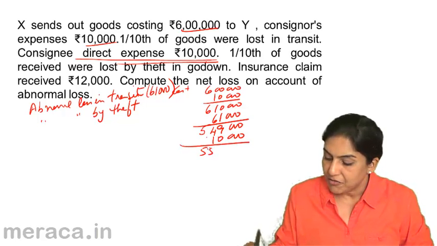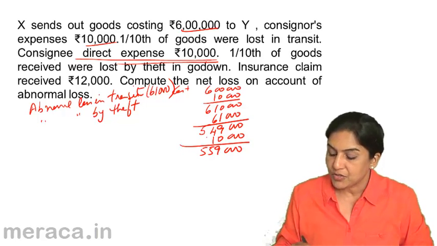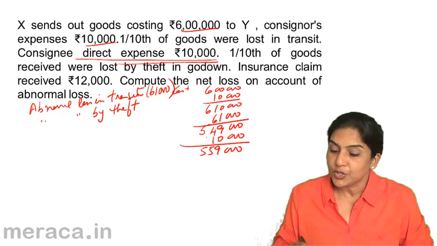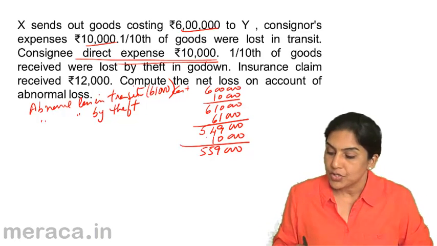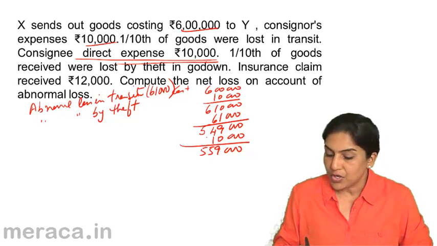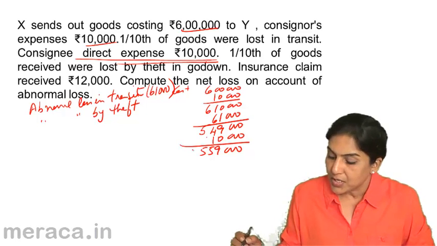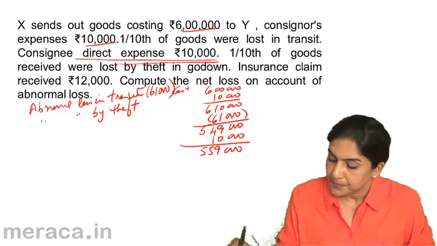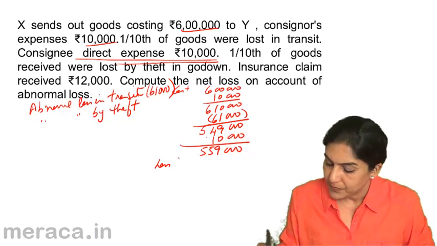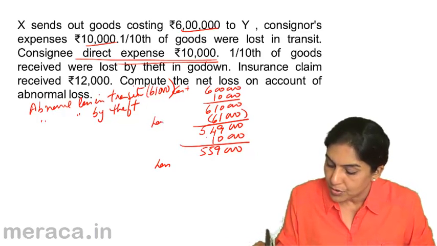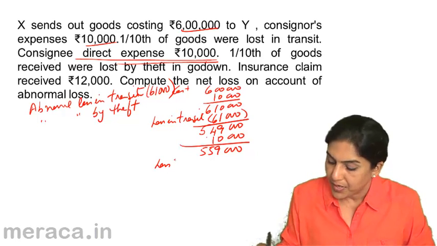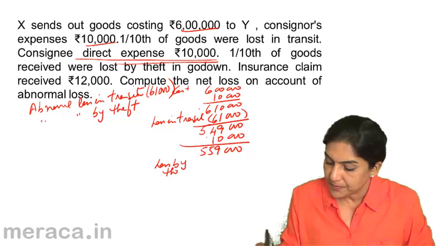So that is 5,59,000. This is the total cost of the goods. 1/10 of these goods are now lost. Therefore, what is the loss now? This was loss in transit, and now we have loss by theft.